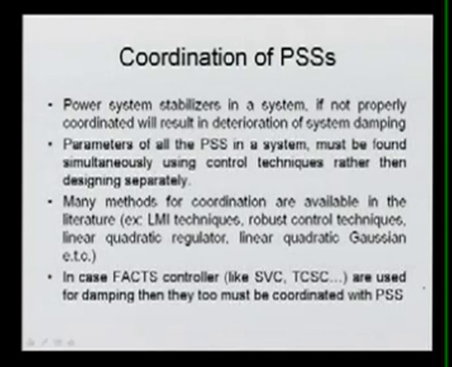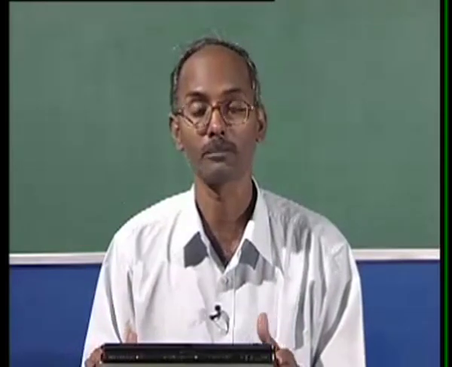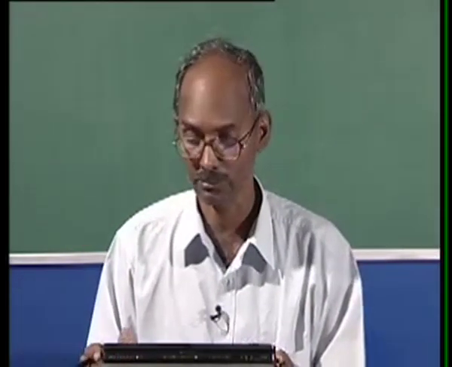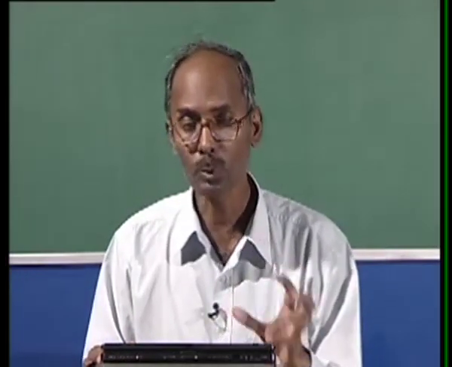If they are used for damping, then they too must be coordinated with the power system stabilizer. Otherwise that may create another problem, and again the whole system, instead of stabilizing, will be destabilized.